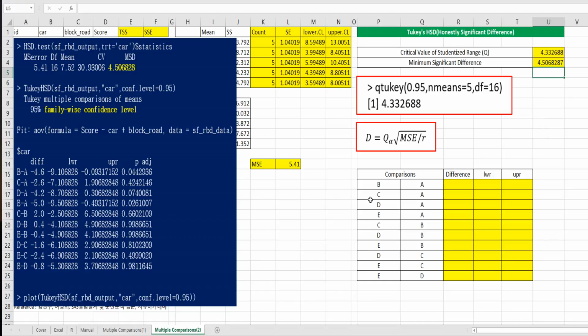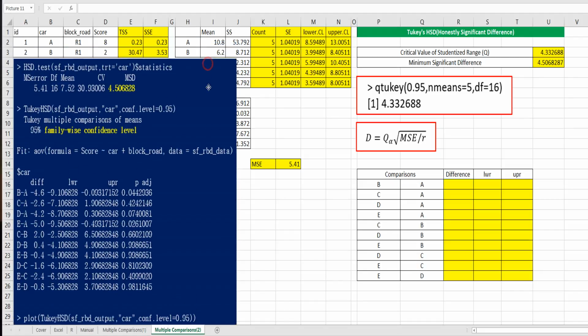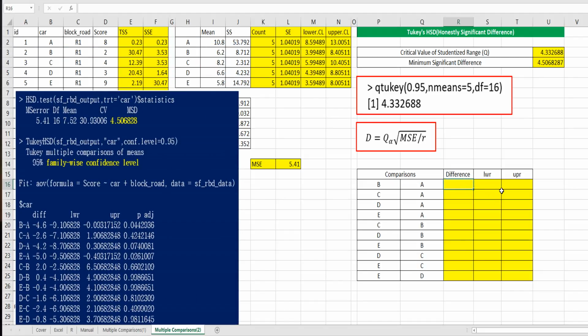Okay. So I prepared pairwise comparisons. So let's calculate the mean difference between two. So we can use the VLOOKUP function. Lookup value here, and comma, table array here, press F4, comma 2, first minus VLOOKUP.